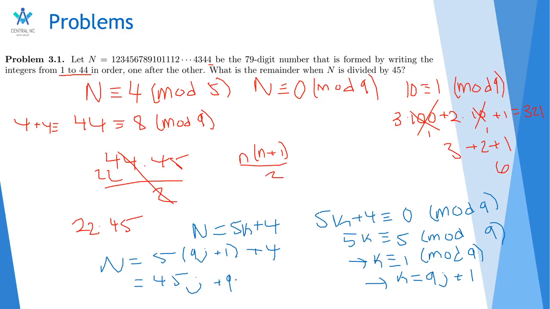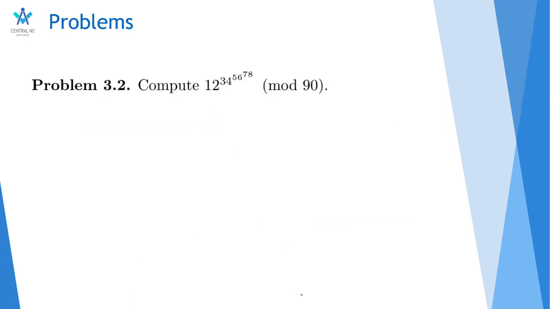So the remainder when you divide n by 45 will just be 9. That's a nice problem that shows you how to apply the Chinese remainder theorem. So let's move on to another one.